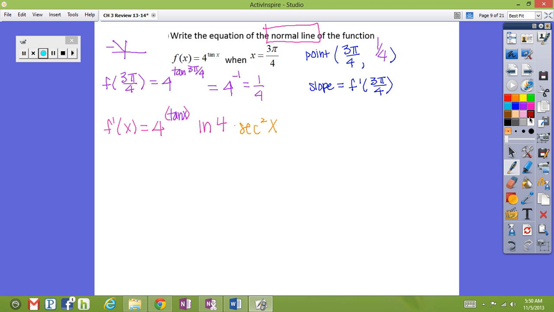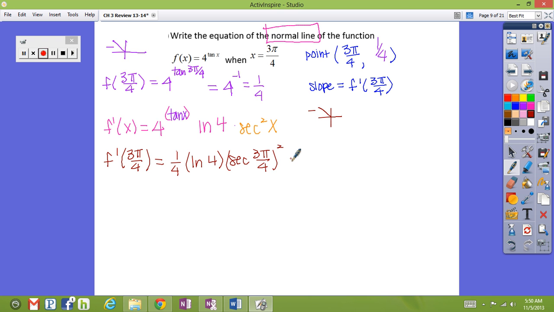So now the only piece I gotta do is find the derivative at 3 pi over 4. 4 to the 3 pi over 4 we already found, that's 1/4. ln of 4 times secant of 3 pi over 4, whole thing squared. So secant of 3 pi over 4, let's do that right here. Secant will be negative here. The cosine value is root 2 over 2.